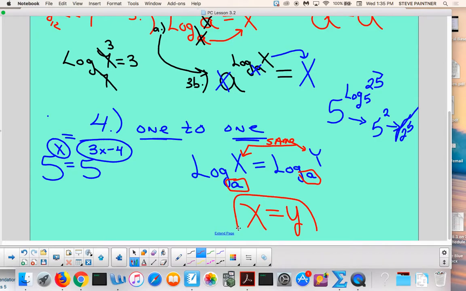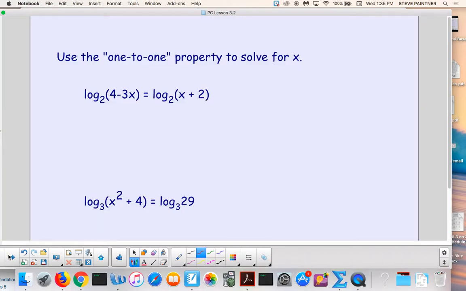Guess what? The next slide talks about the 1-to-1 property. Here's the 1-to-1 property. Do it again, except tell me what x has to be here. They're actually solvable.